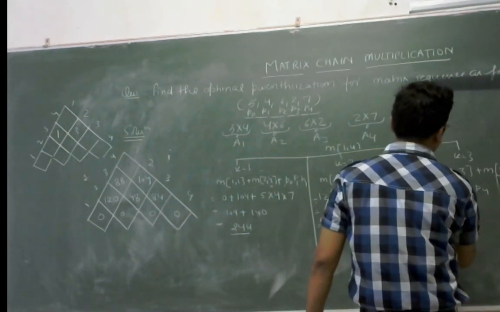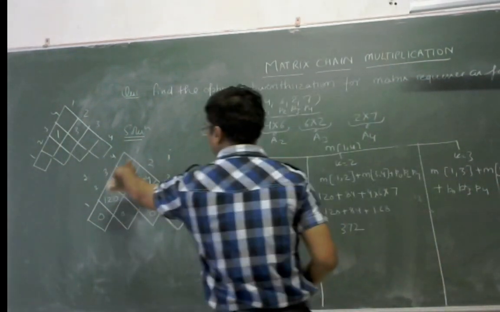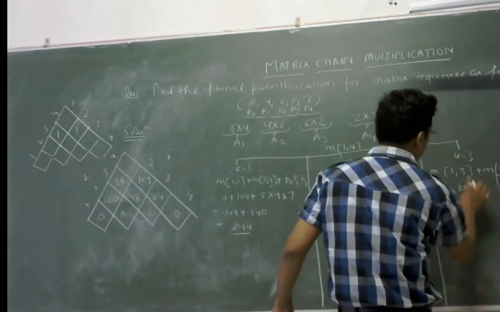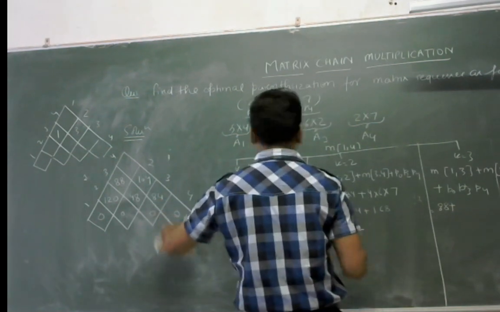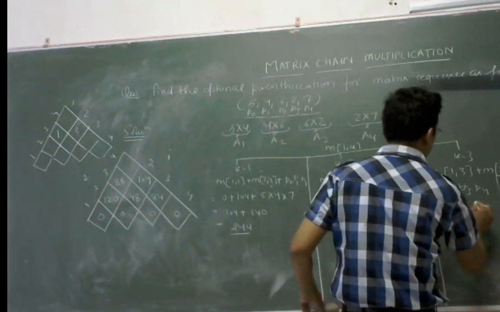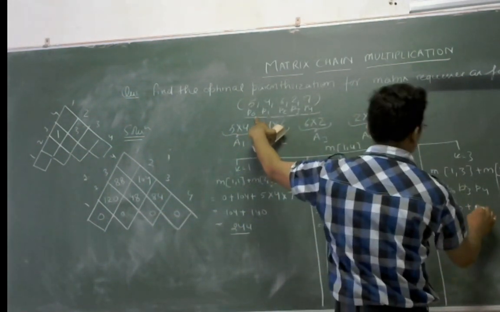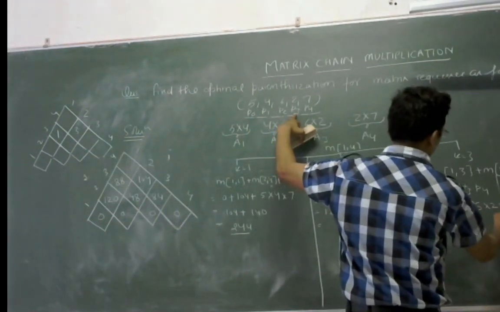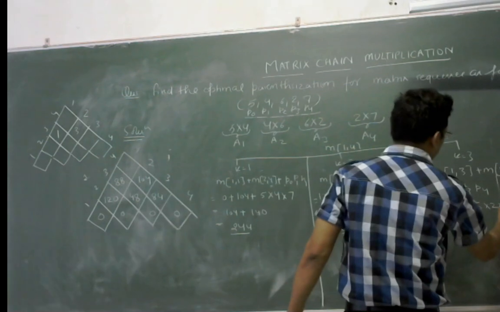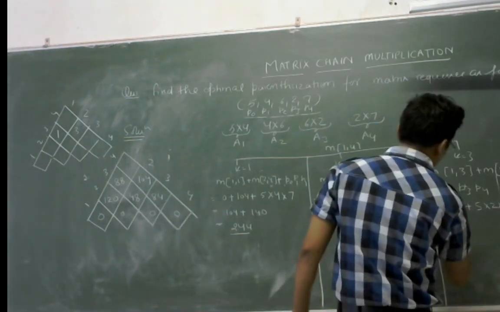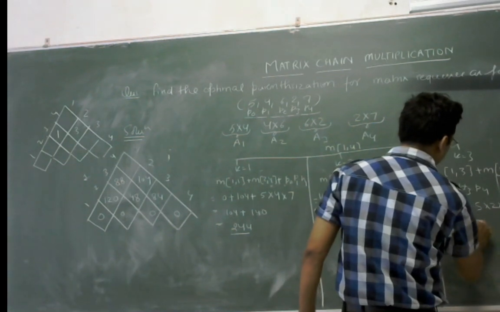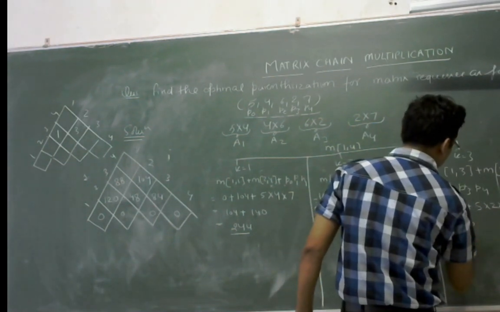Okay, so M13 is equal to 88 plus M44, which is 0, plus P0, P3, P4. P0 is equal to 5, P3 is equal to 2, P4 is equal to 7, so 88 plus 70 is equal to 158.